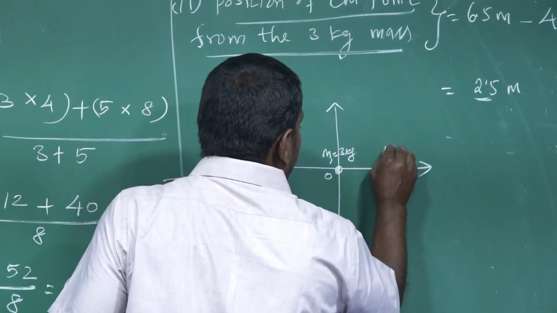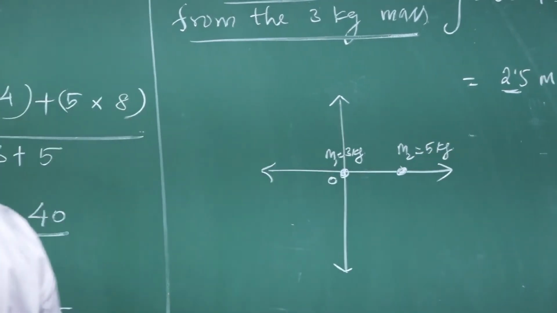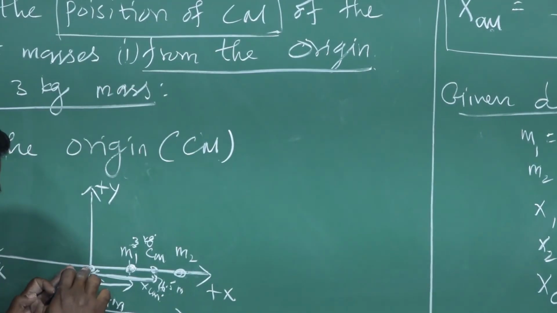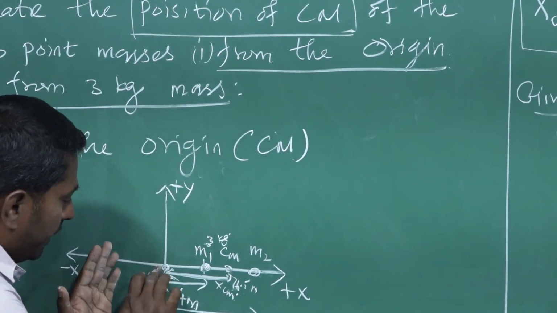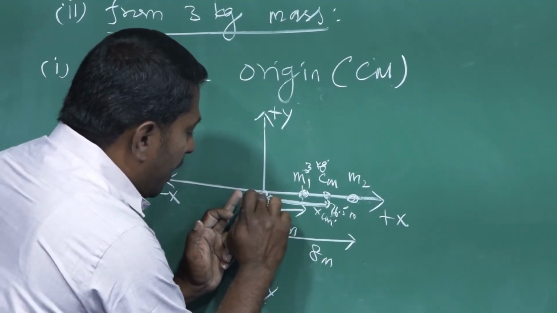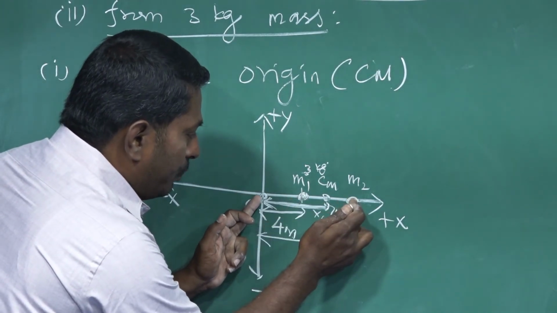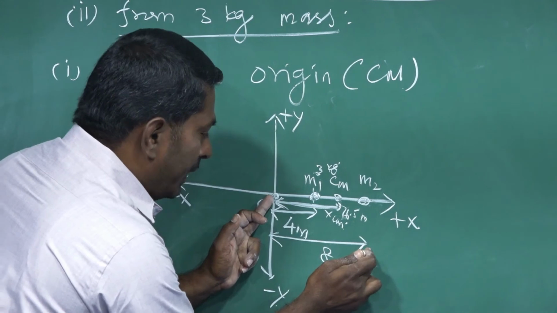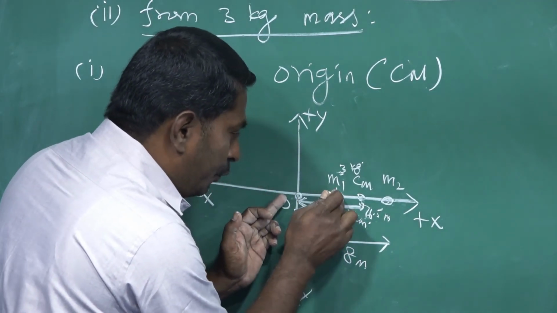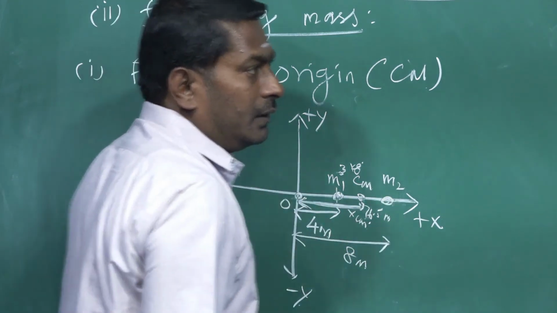Then M2, which is equal to 5 kg. See the students, if the origin of the coordinate system is shifted to first point mass, then the origin is covered a distance 4 meter, then the distance of the second point mass already 8 meter, but that origin is shifted by the 4 meter, then the distance of the second point mass is now 4 meter.